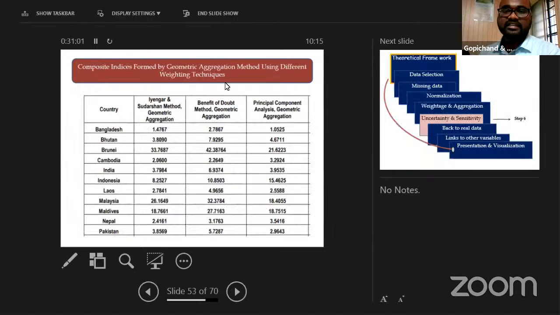When coming to geometric aggregation, principal component analysis again gives a higher score, while others give less score. With the methodology, the scores change. So appropriate methodology selection is very important here.